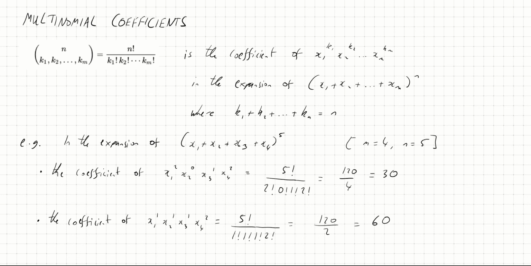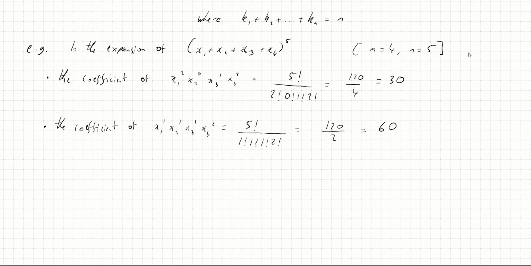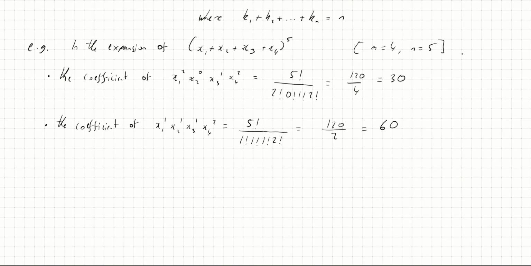Apart from expanding brackets, this comes up in a lot of places in probability. There are lots of different examples that you might see it used. One of the most common is the number of distinct permutations.